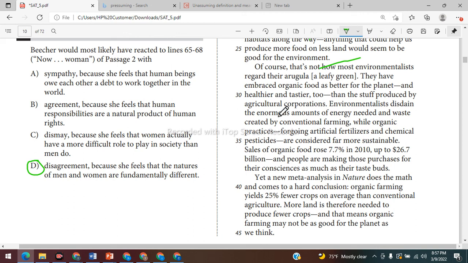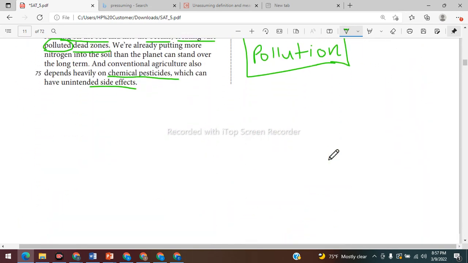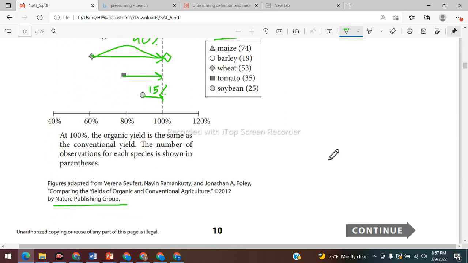Organic food is better for the planet. Not only better for the planet, but healthier and tastier than the stuff produced by fertilizers, right? Okay, good. So based on that, let's answer this one.